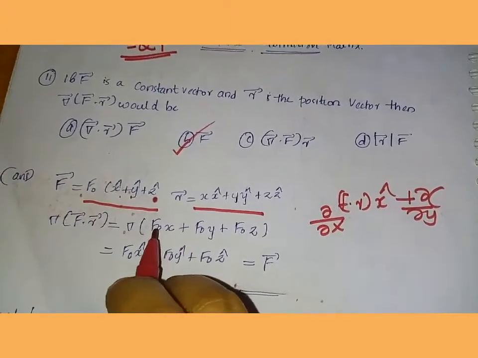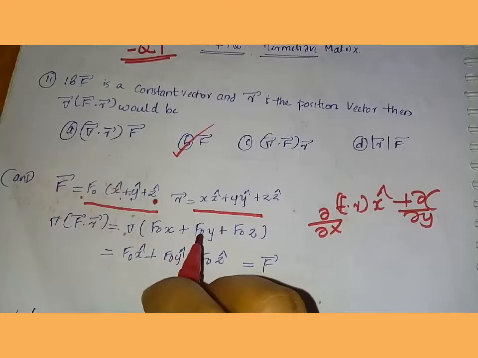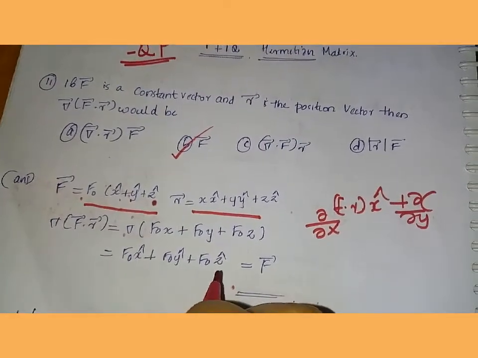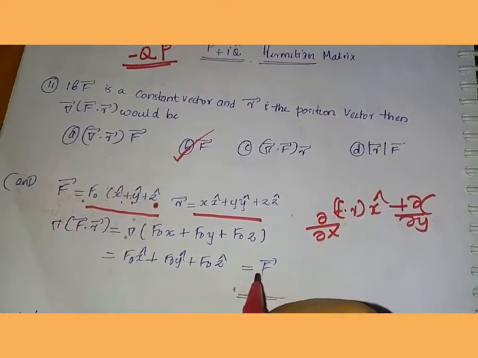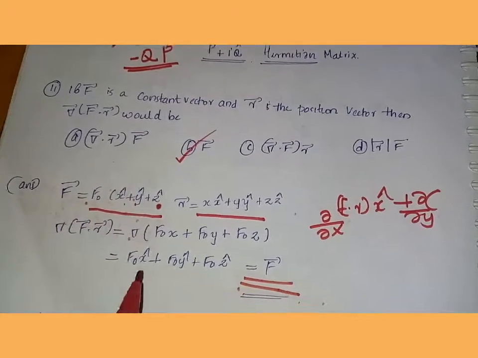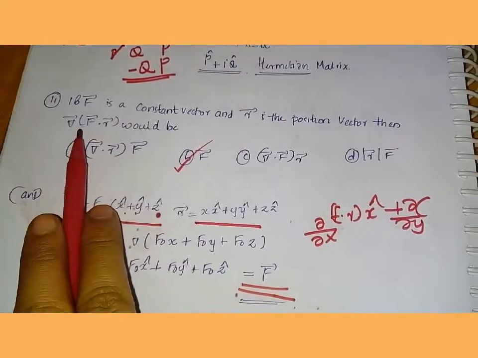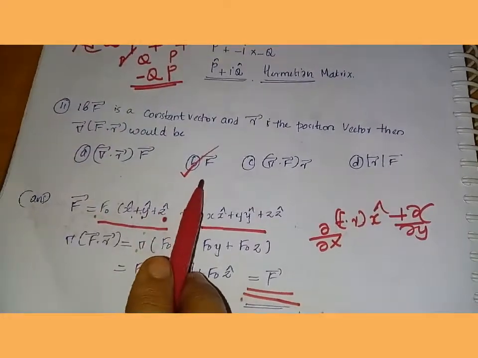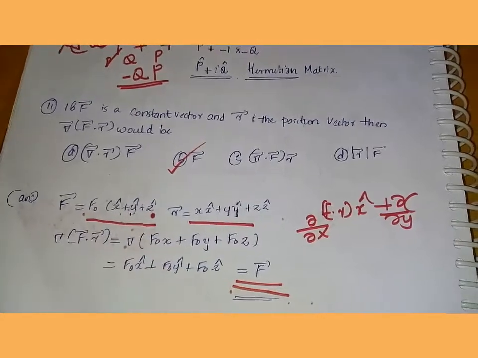So here we get the answer as f0 x cap plus f0 y cap plus f0 z cap. So here we get the answer as f only. So the del of f dot r is f. So the answer is option B, f. Okay.